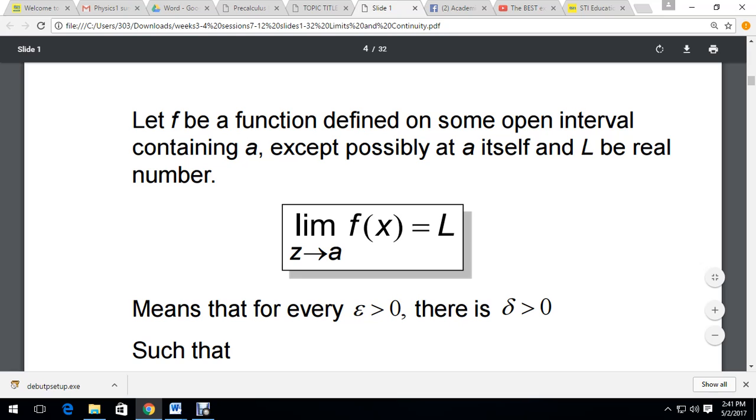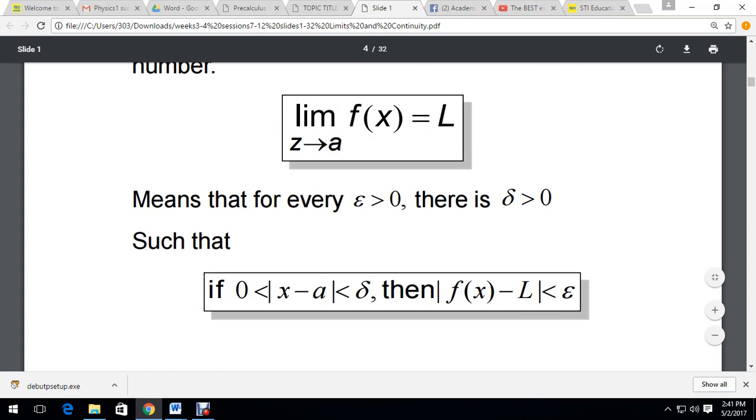Then the limit of f of x is equal to L as x approaches a means that for every positive epsilon, there exists a positive delta, such that if the absolute value of x minus a is greater than 0 but less than delta, then the absolute value of f of x minus L is less than epsilon.